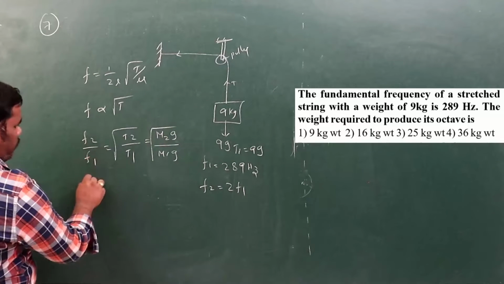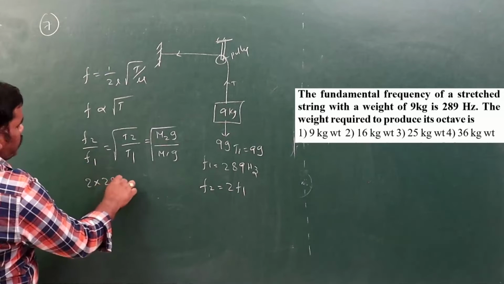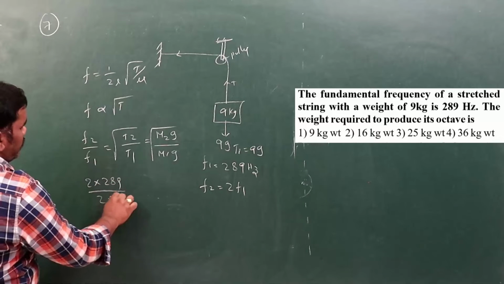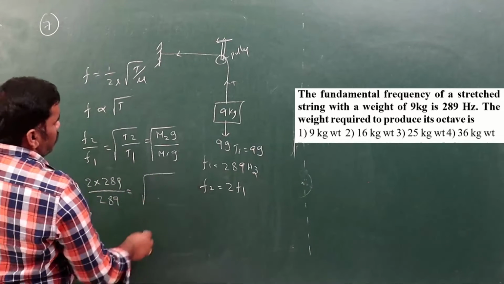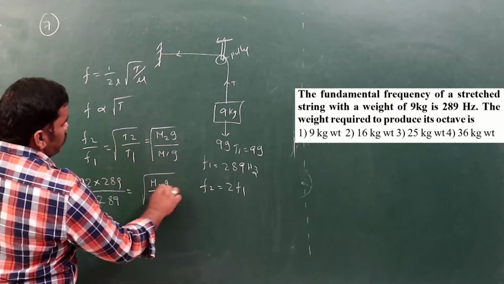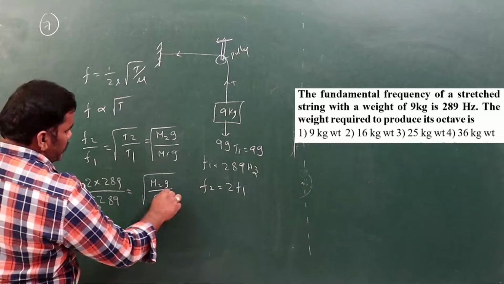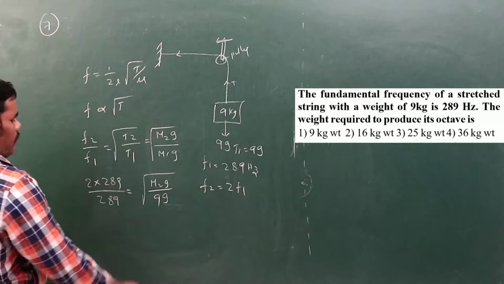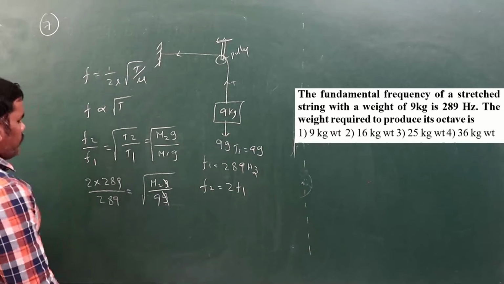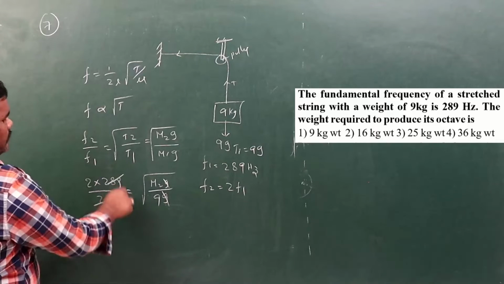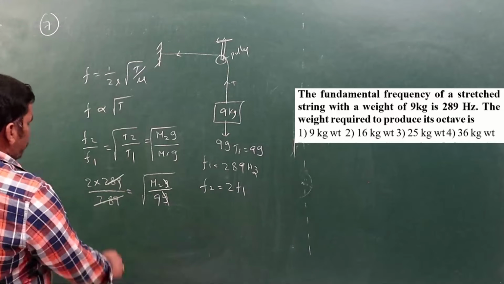So 2 times 289 divided by 289 is equal to under root of M2g by 9g. The g cancels.